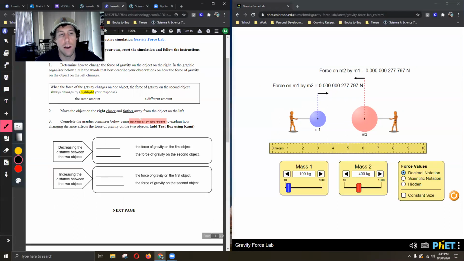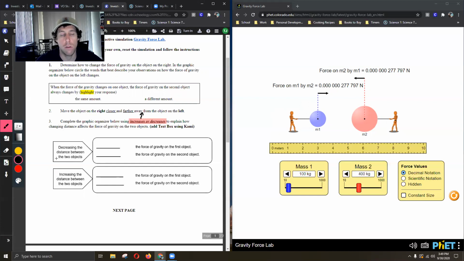If the force of gravity is increasing, that means it's getting stronger, and you would see the number getting larger. If the force of gravity is getting weaker, then you would see the number getting smaller.